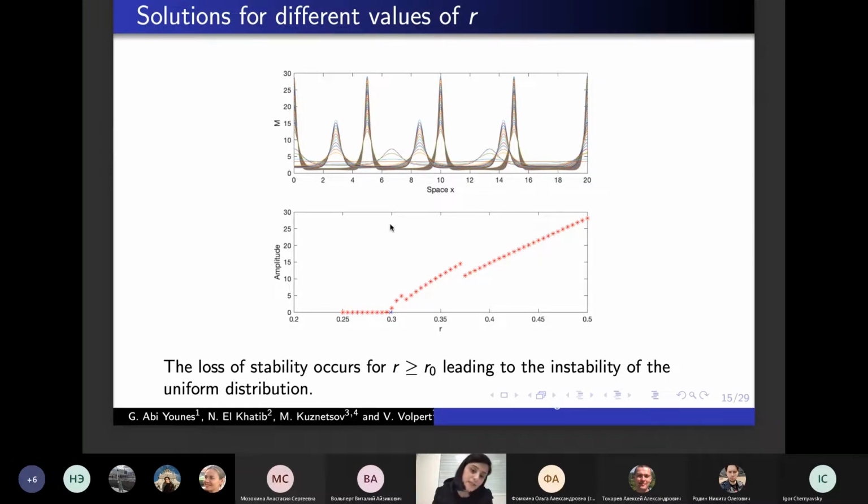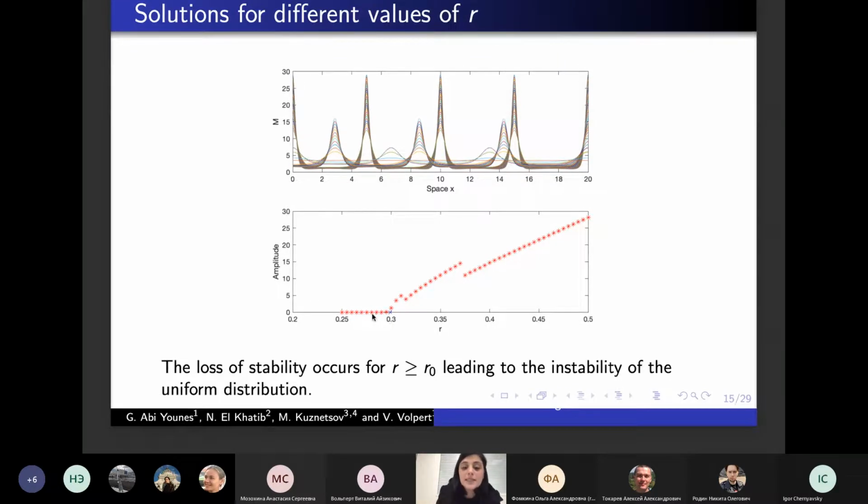If we move to the second figure, it is about the amplitude of the solution depending on the values of R. Here, for the parameters chosen, R0, the critical value of R, is about 0.29. It is the blue cross here.